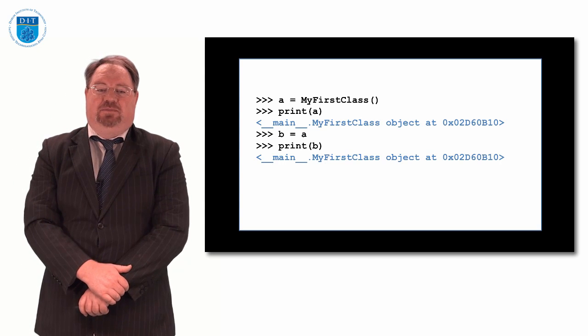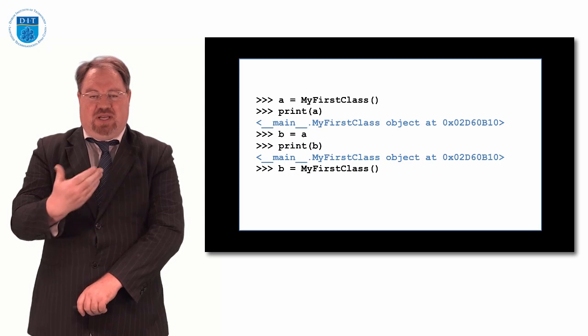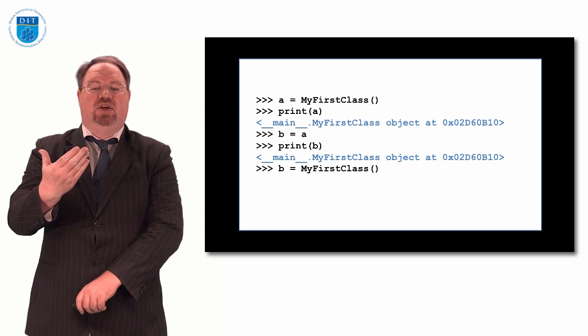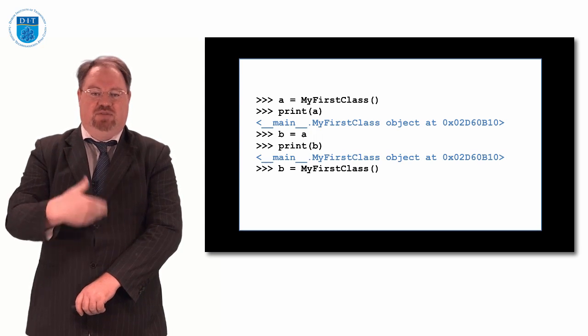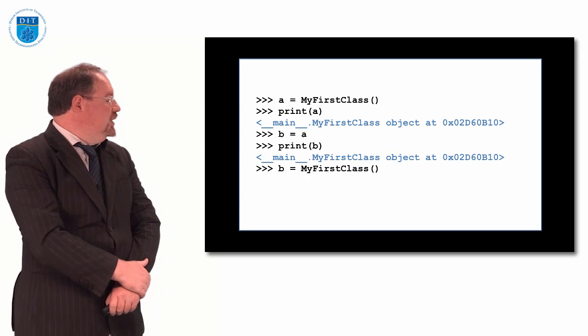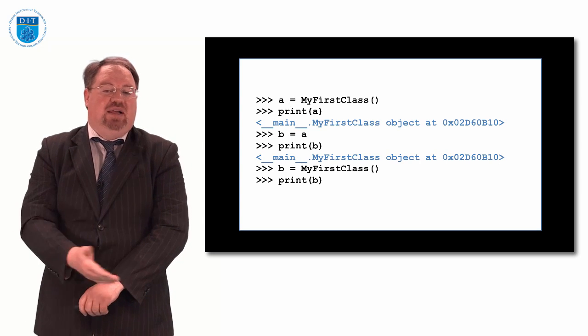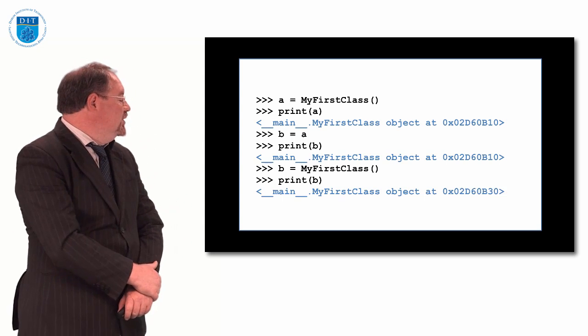But if we did say B gets my first class as well, so instead of saying B is just a copy of A, we said let's create an object from my first class and call it B, then we'd find if we printed B that it would be the same kind of thing but at a different location in memory.